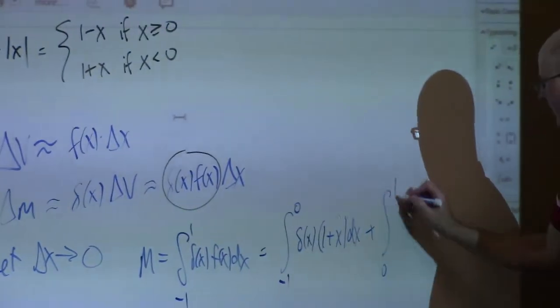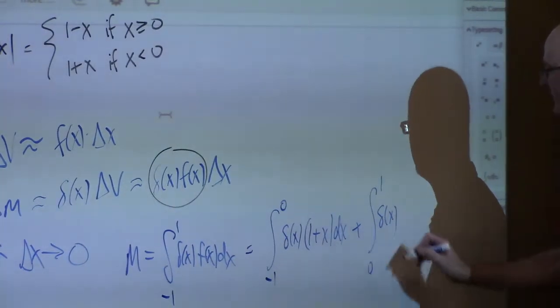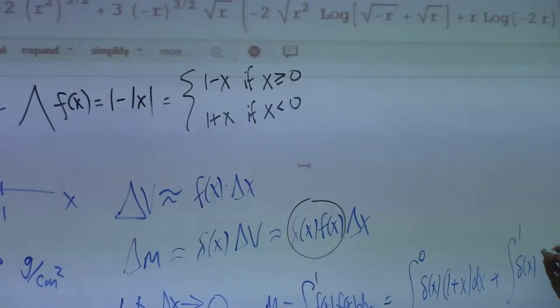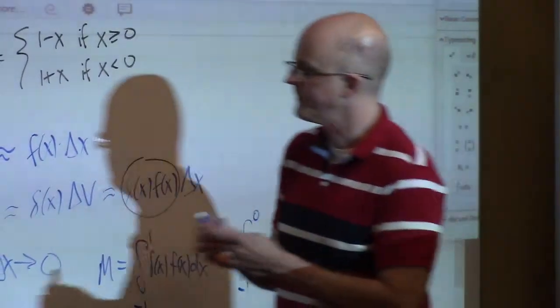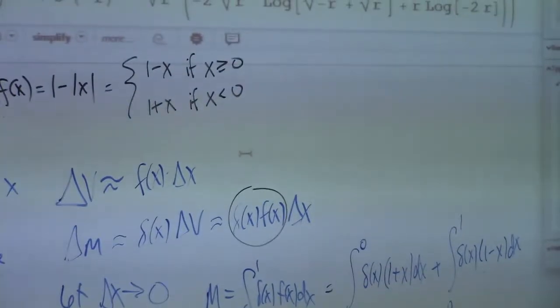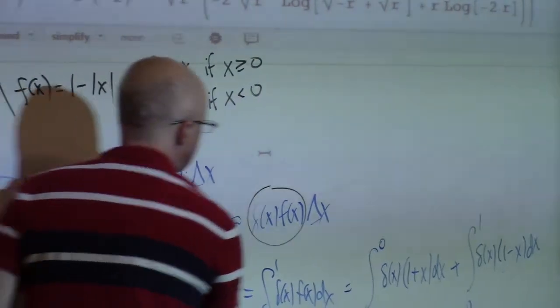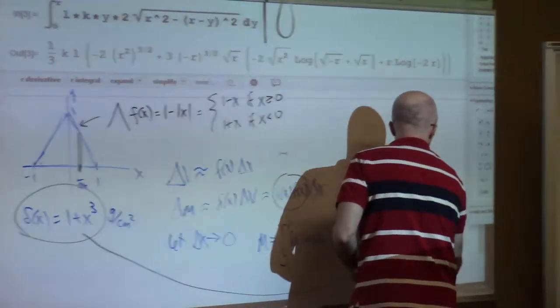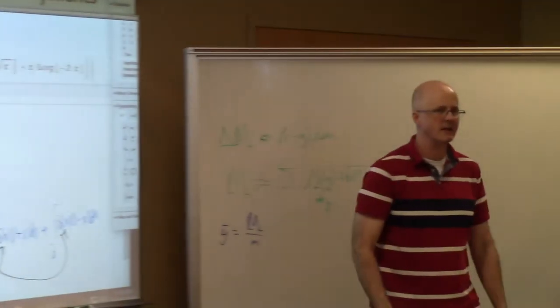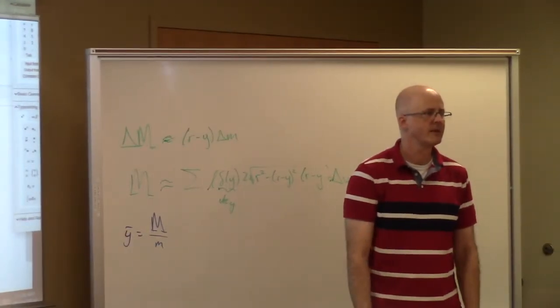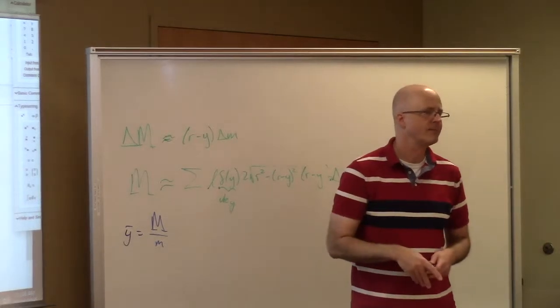Add the integral from 0 to 1. On that interval, the formula for f of x is 1 minus x. And then you'd want to plug in this function, delta of x, in here and here, if you were going to do it by hand. And it wouldn't be too hard. You'd expand it out, you'd be integrating polynomials. Two integrals, add them up.